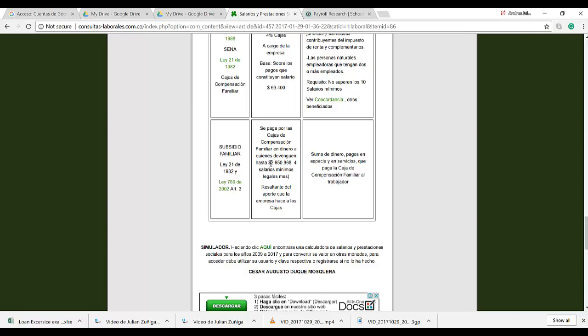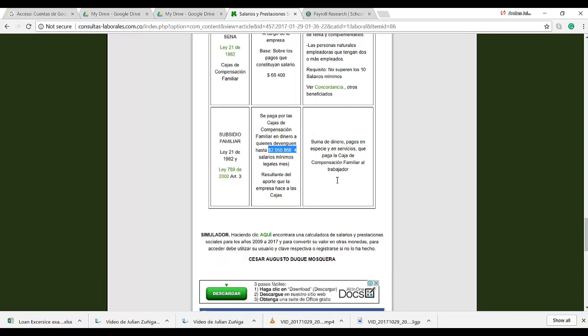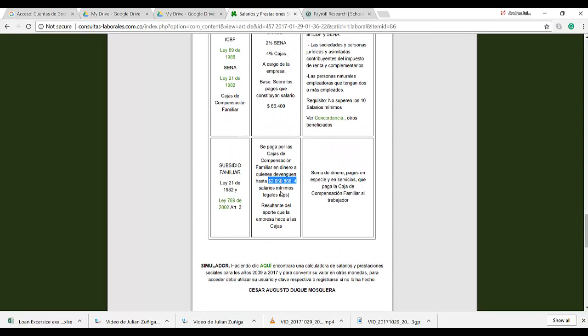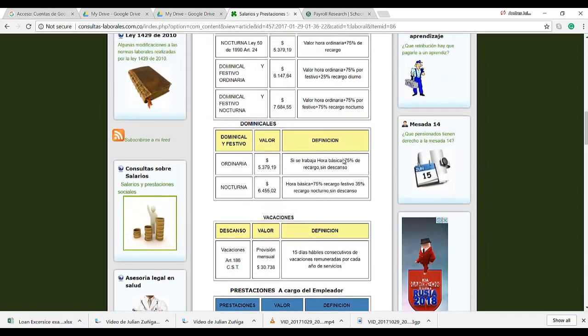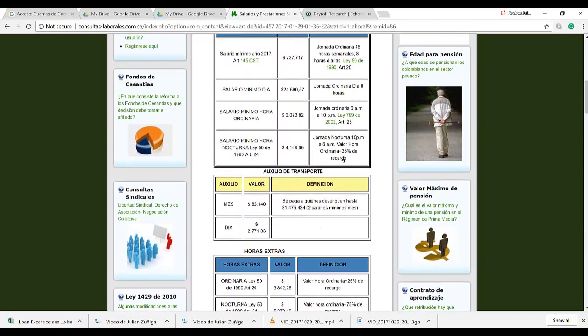And this is only given for people that earn less than 2 minimum wages, okay? So this is very helpful, and it can be used for groceries, it can be used for education, etc. Okay? So this is important because you guys are going to develop a complete payroll.